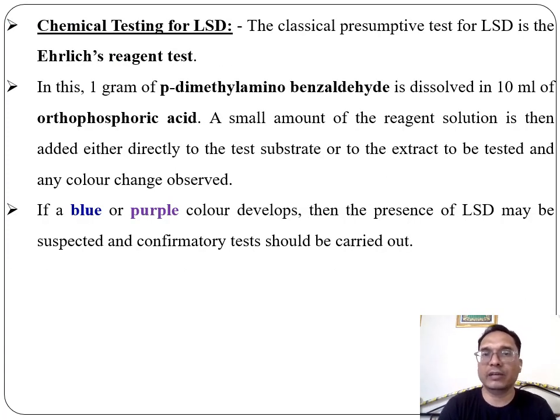The second test for the identification of LSD from the sample is the chemical test. The classical presumptive test for LSD is the Ehrlich reagent test. In this test, 1 gram of para-dimethylaminobenzaldehyde is dissolved in 10 ml of orthophosphoric acid, and a small amount of this reagent solution is then added either directly to the test substrate or to the extract to be tested, and any color change is observed.